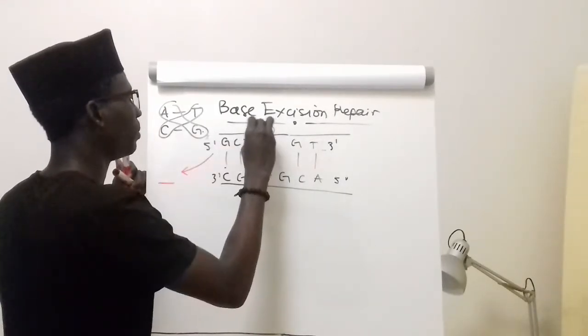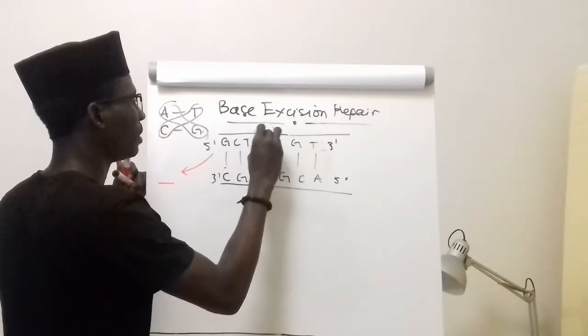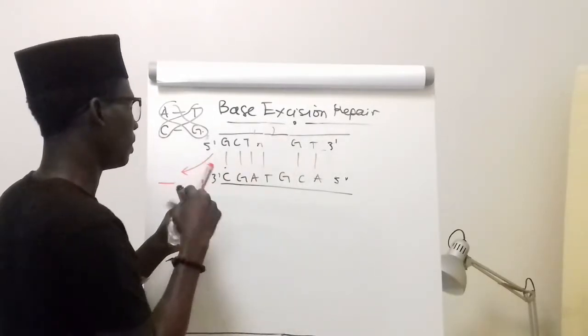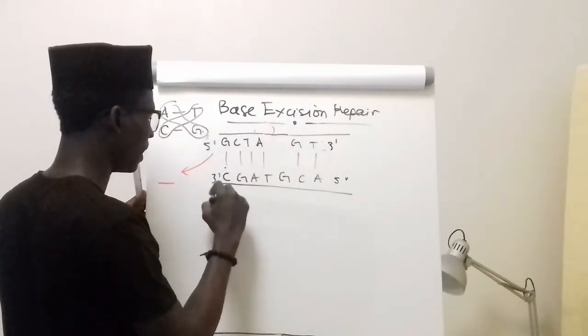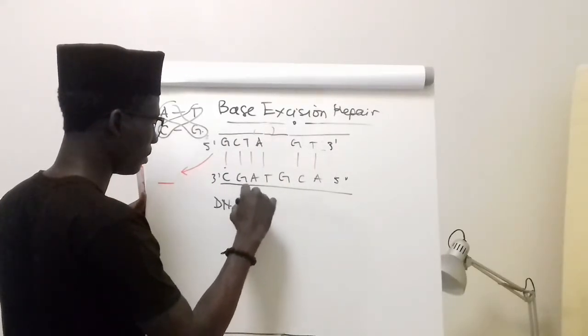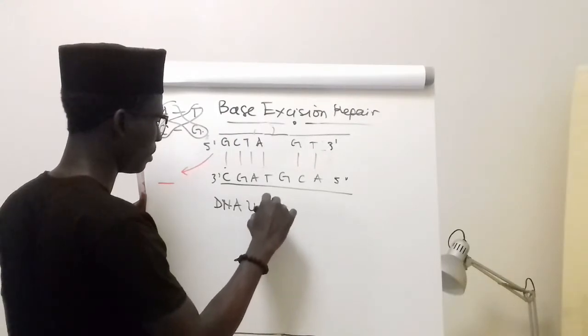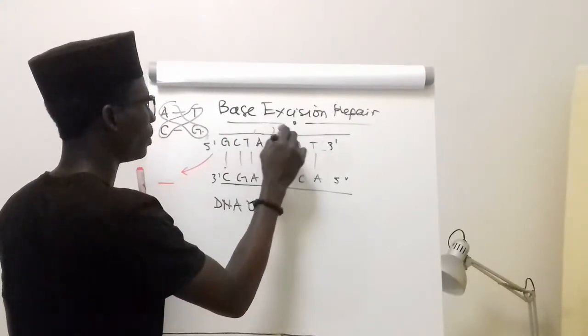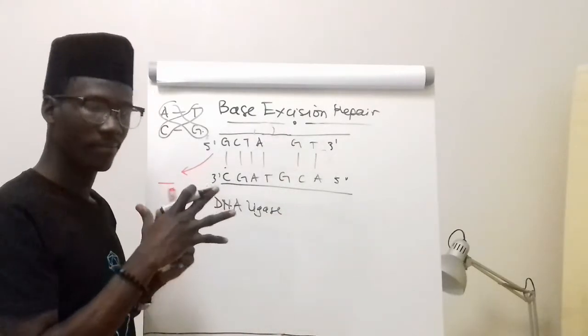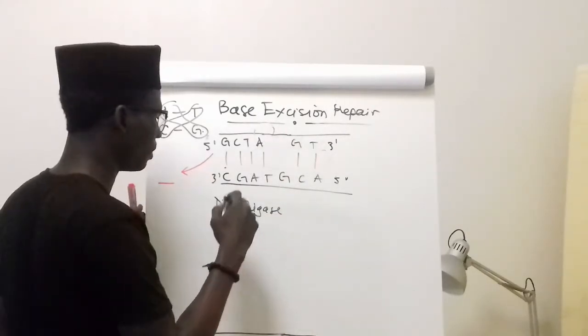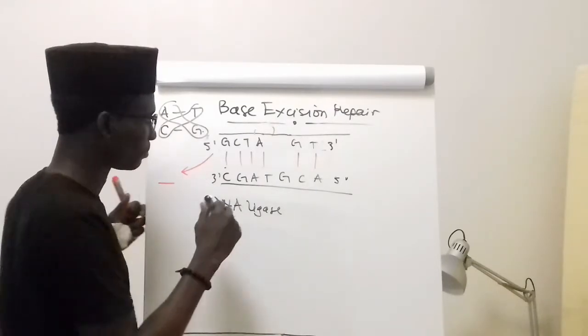After DNA polymerase catalyzes synthesis, the next thing is an enzyme that has to join them, which is DNA ligase. DNA ligase helps to join the break of this DNA synthesis.